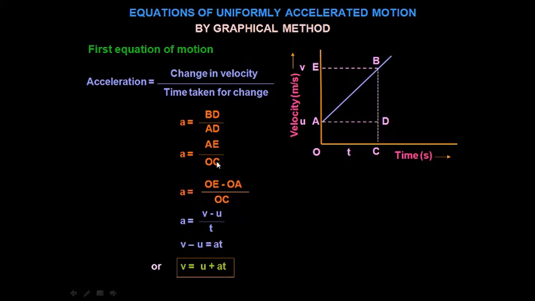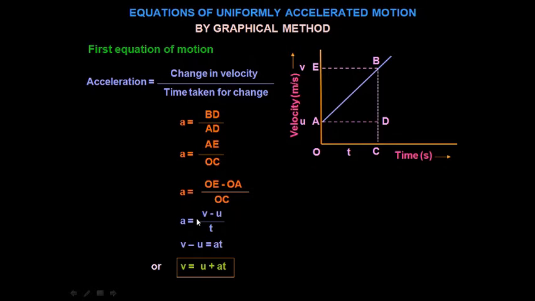Now according to the definition, the acceleration is the rate of change of velocity, meaning final velocity minus initial velocity. So final velocity here is represented by OE minus OA divided by OC.